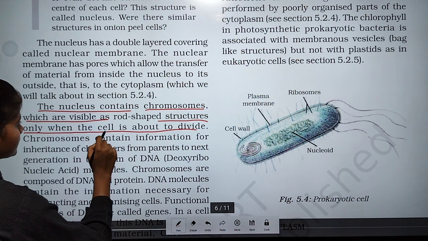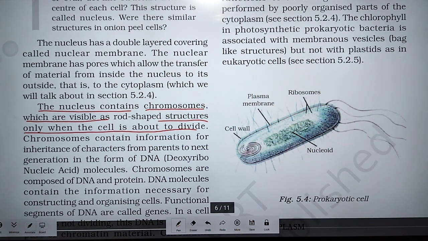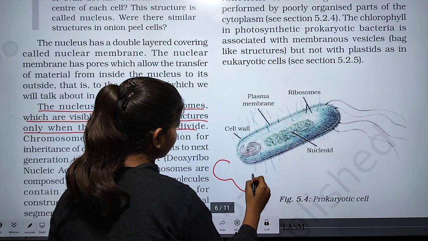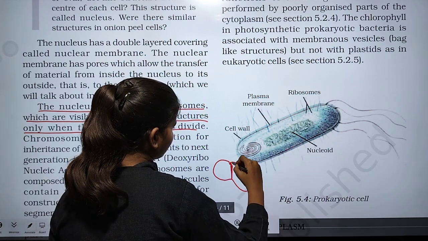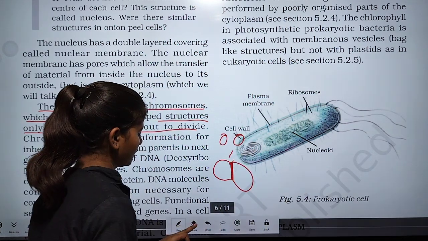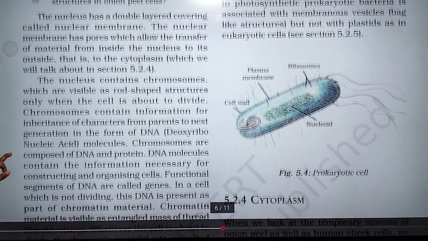Chromosomes are visible as a rod-like structure only when the cell is about to divide. It helps in the division of the cell.